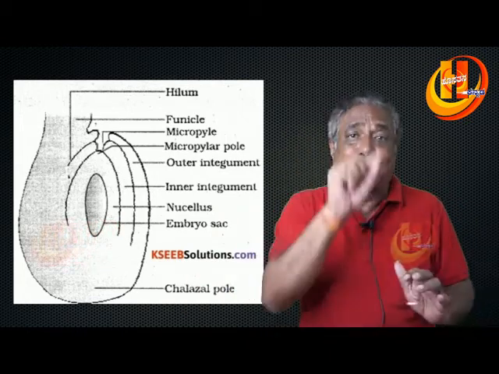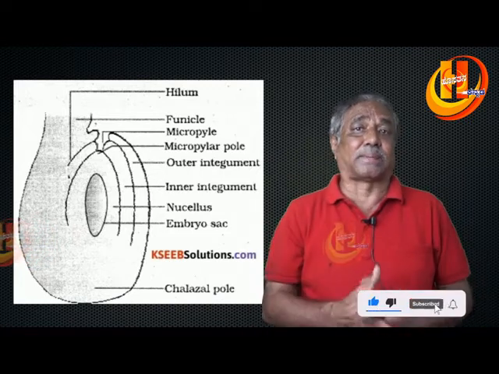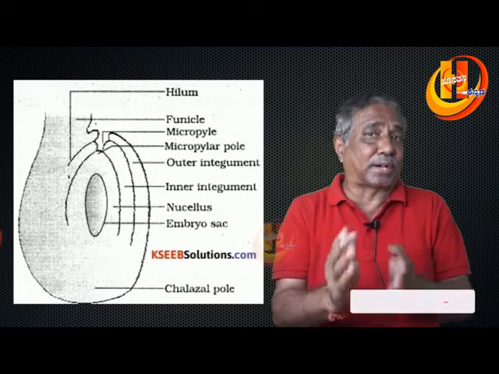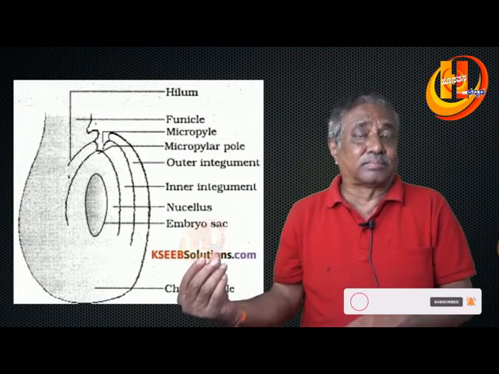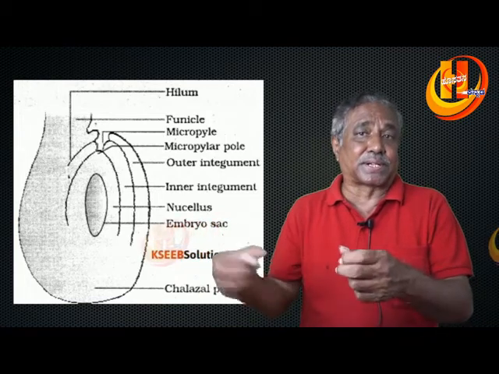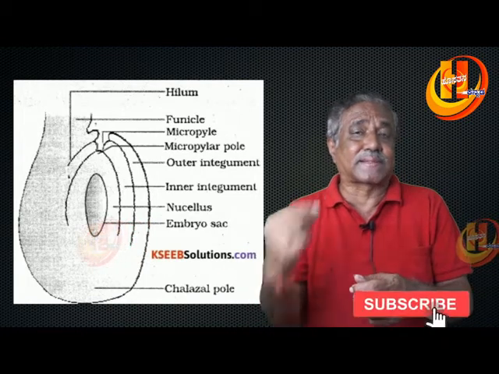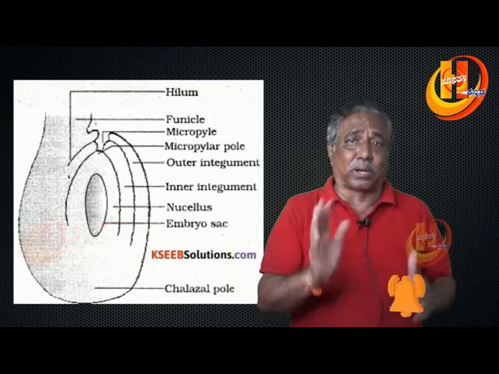And there is the female gametophyte. Within the female gametophyte, the nucellus is present. These are the various parts of the anatropous ovule: the micropyle, chalaza, and a depression at which the funicle joins, that is called hilum. Hilum, stalk is called funiculus, integuments, female gametophyte.